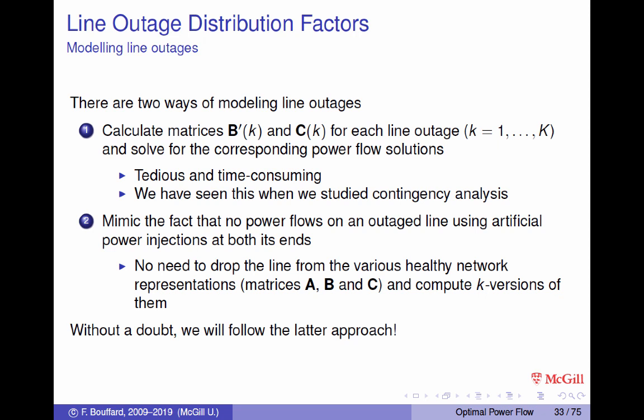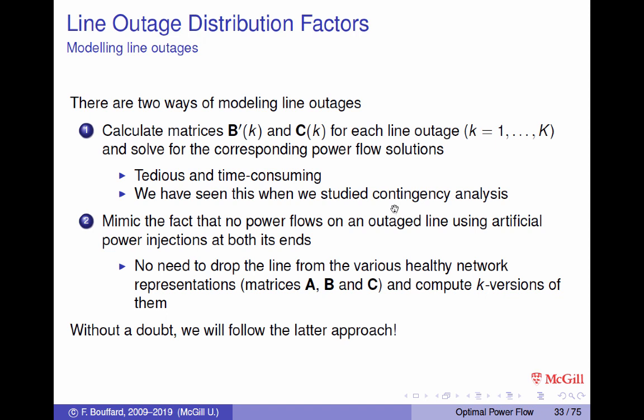And the advantage of this is that by doing so, we will not need to remove the line from the topology. So again, we do not need to recalculate the incidence matrix, the susceptance matrix, or the C matrix to calculate what I call the K versions, in the sense of the different representations of the network with and without certain components.